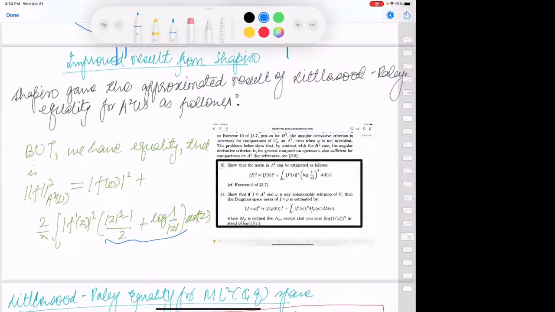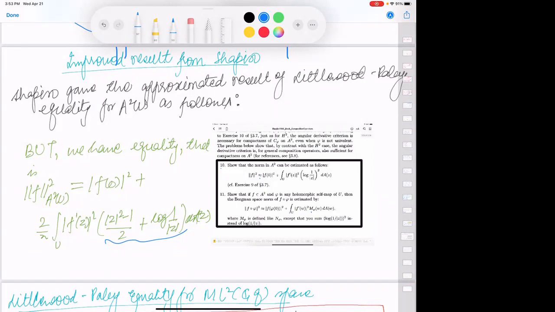So I don't know what would happen for the Dirichlet space. To be honest, I haven't worked with the Dirichlet space, and I don't have any specific reasons for this. Maybe I will work in the future on what the Nevanlinna counting function could be for the Dirichlet space.